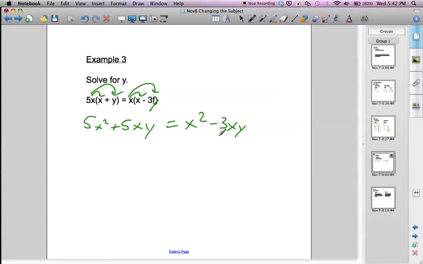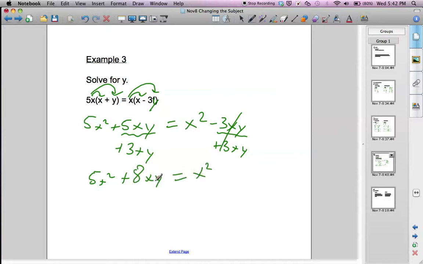Now it's a bit complicated, but basically you've got a y here and you've got a y in this term. We want to get your y's to one side of the equation, so let's add 3xy to both sides of the equation. That cancels that one. Here we have 5x squared, and this is going to be 8xy equals x squared.